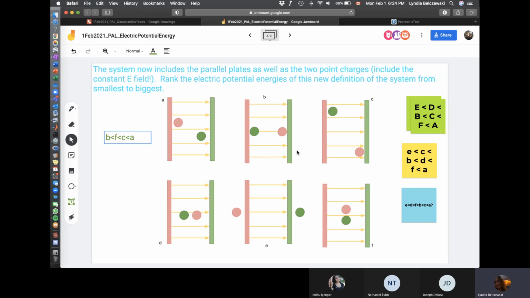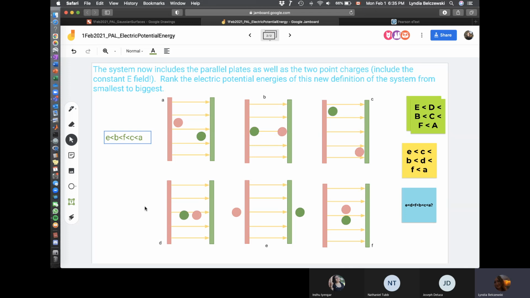Next, we have, well, let's see. Everyone agrees that E is the smallest because there's no potential energy in that system. And so I guess that leaves us with, who are we missing? D. Ha, we're missing D. And everyone agrees that D should be fairly small. I guess the yellow sticky note has D ranked as about middle. But D should be quite small because the green and pink charges, those oppositely charged particles, are close to each other.